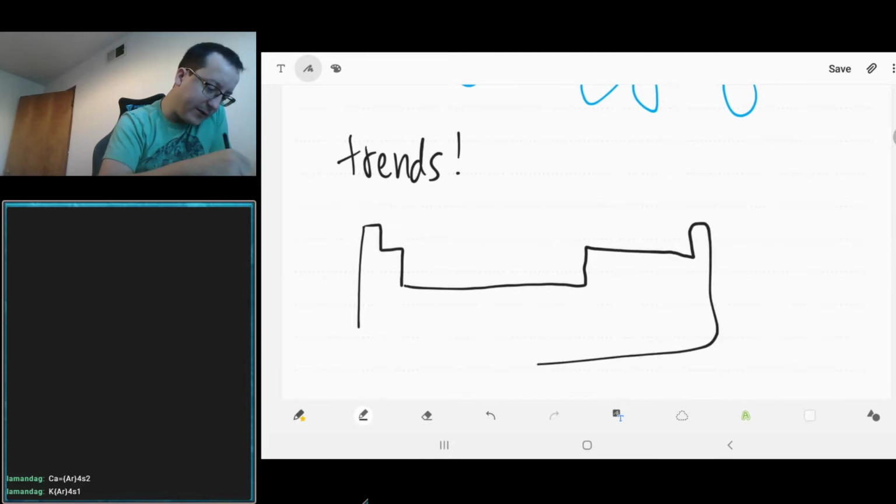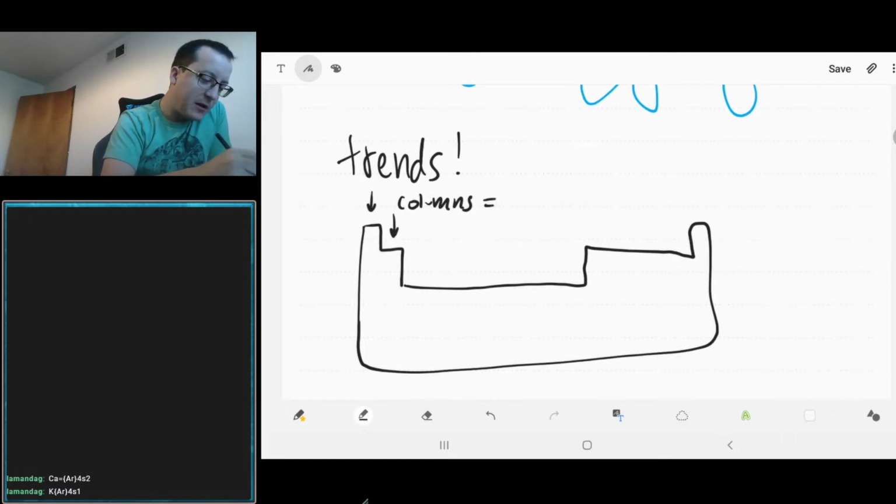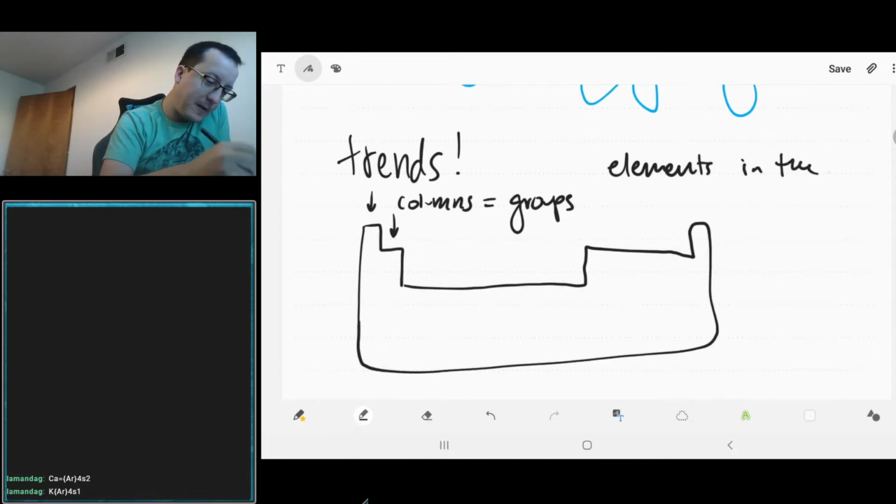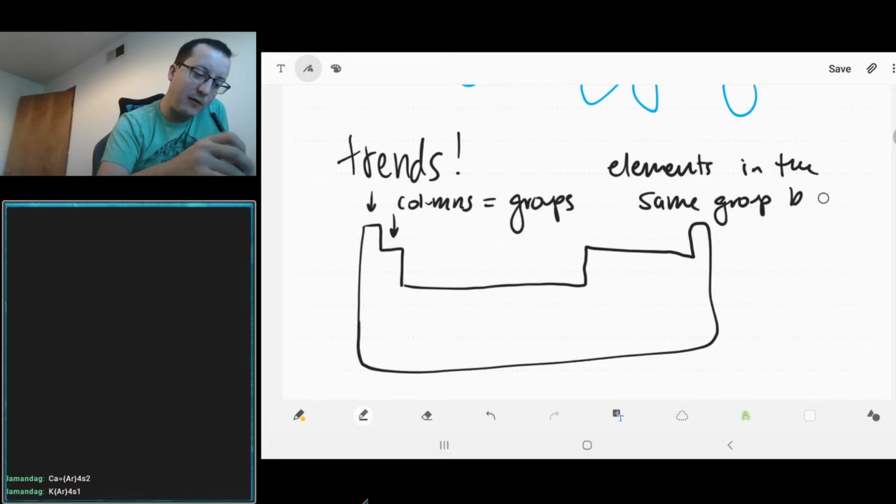Remember we had all those lovely blocks. Remember we had all these columns in the periodic table. Those are what we call groups. And elements in the same group behave similarly.